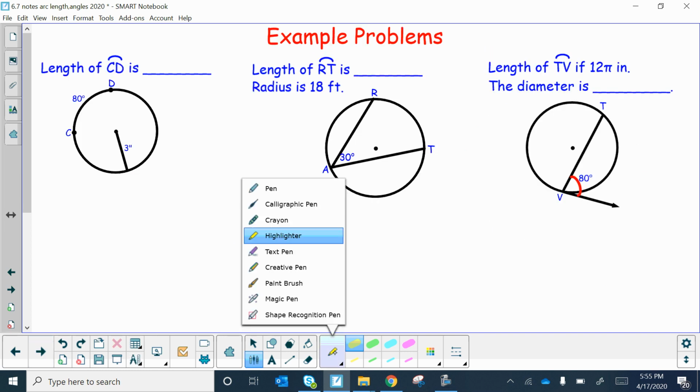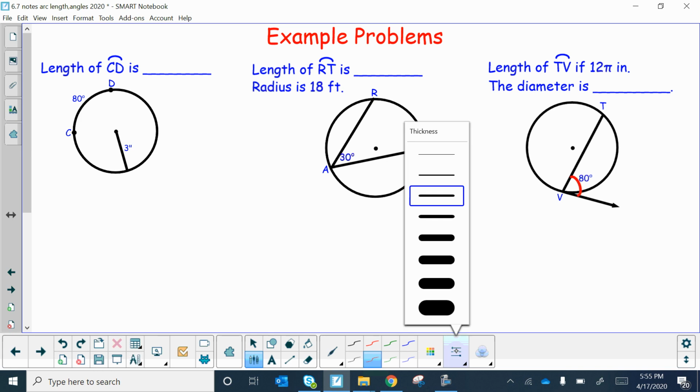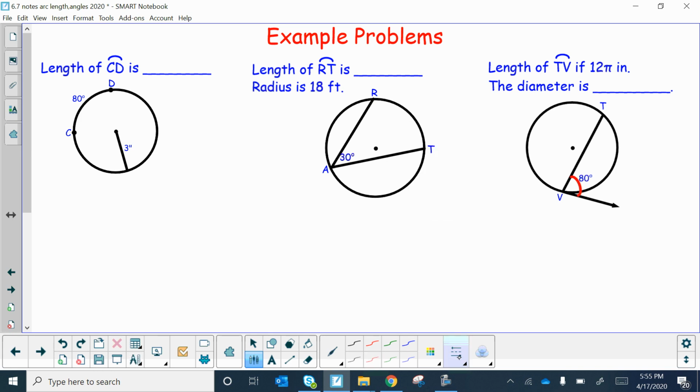So let's look at the first one. It says find the length of arc CD. So that's this one right here. Some people would say, well, how is it not the other arc? Because remember, the other arc is a major arc. So we're going to find the length of that one. All we're going to do is pi times diameter. I like using diameter because it's just one number.